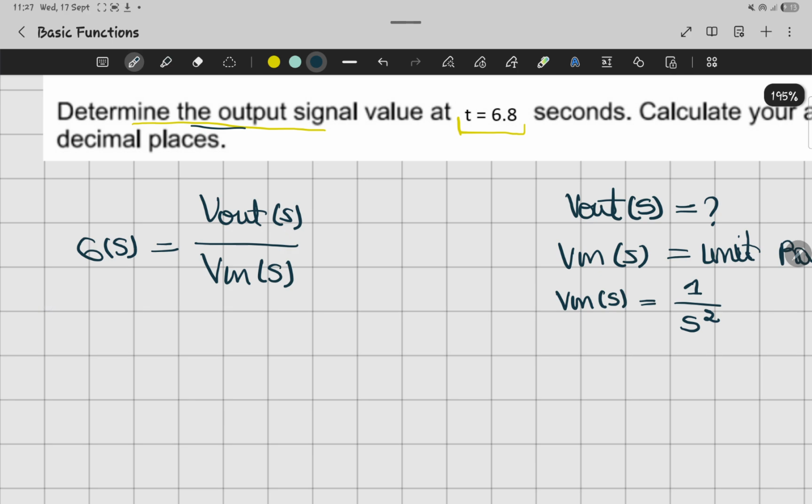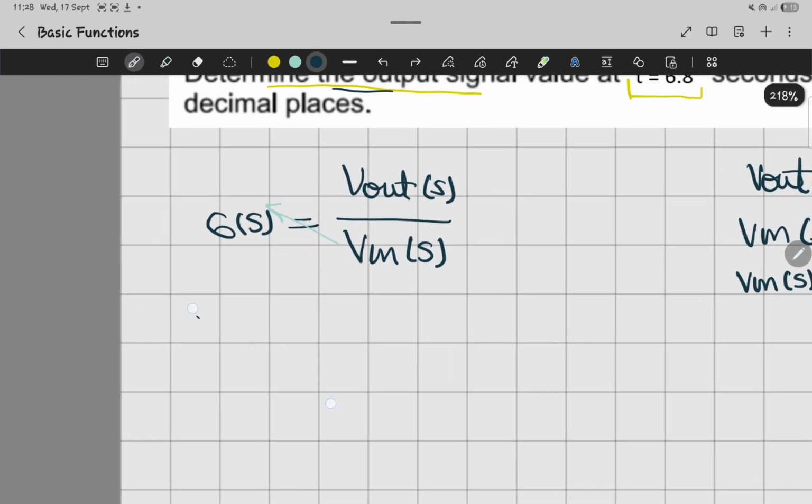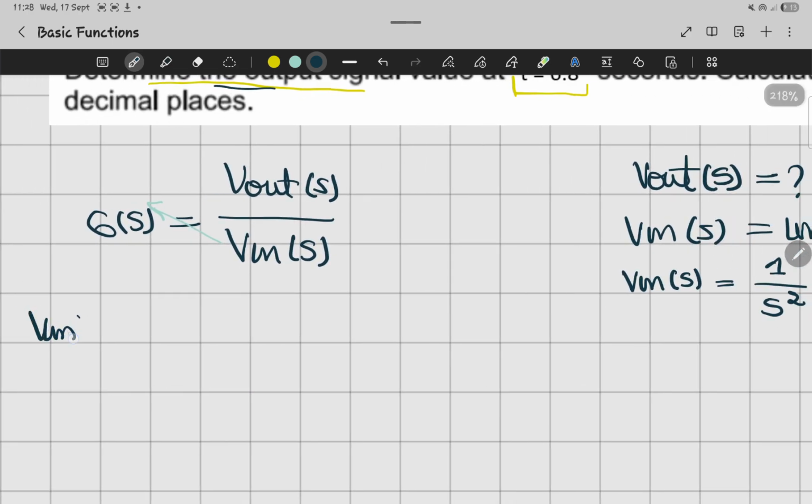So in order to solve this question, we are asked to find V out. Since we're working with V out, I'm going to move this denominator to the other side. So let me just start here. We're going to have V in times the transfer function equal V out.